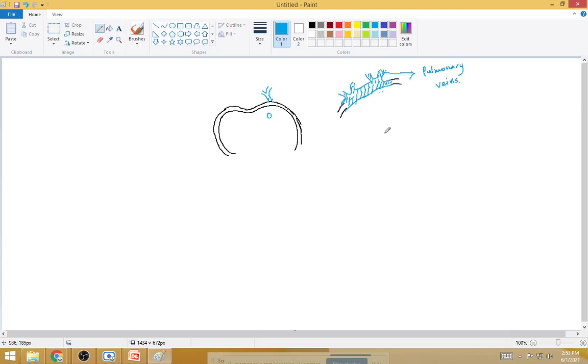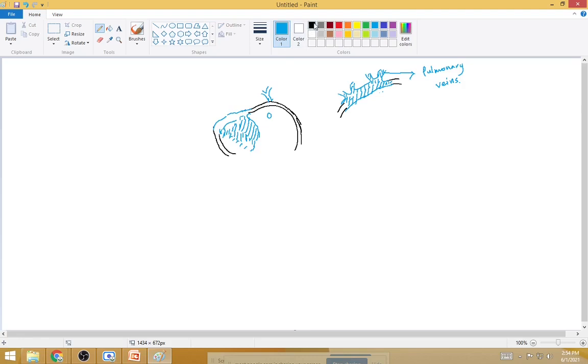Is that part understood? The same thing happened here when the sinus venosus got incorporated into the wall. This whole wall, which was formed due to these venous valves and all, was forming from the right horn of the sinus venosus.